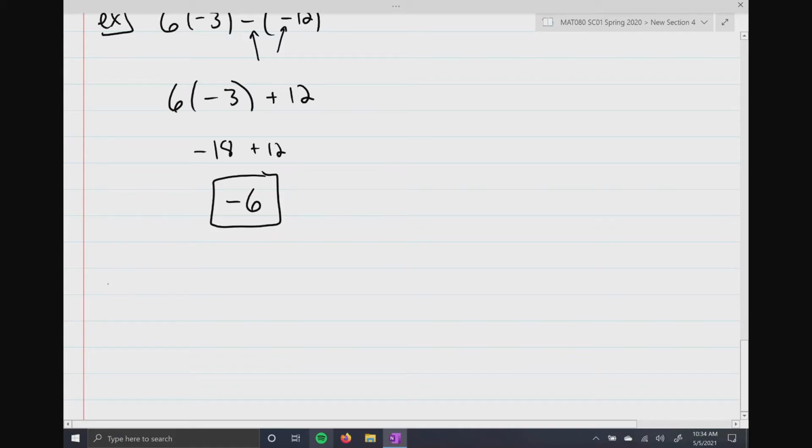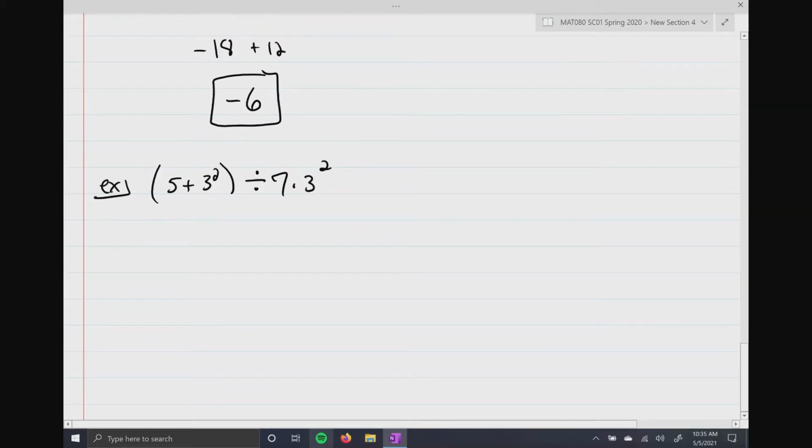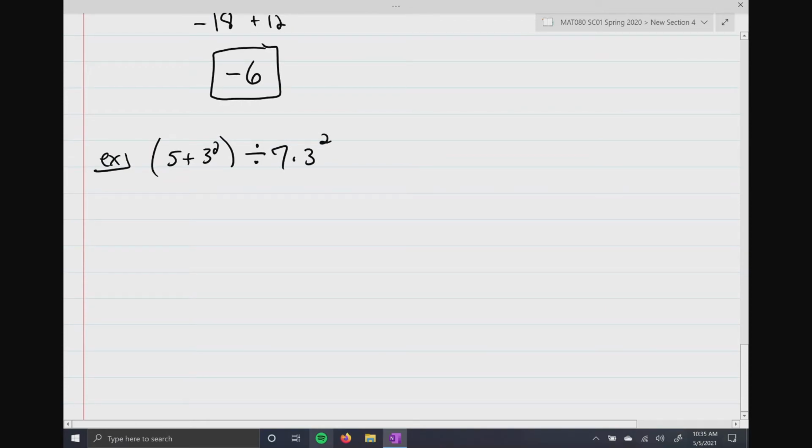All right, let's do another one. And we're going to piggyback off this idea of the order of operations. All right, so we're going to simplify, and we're going to use our order of operations.